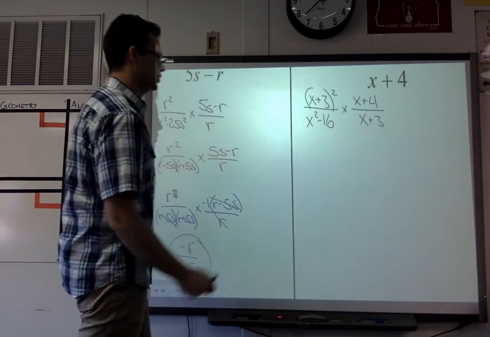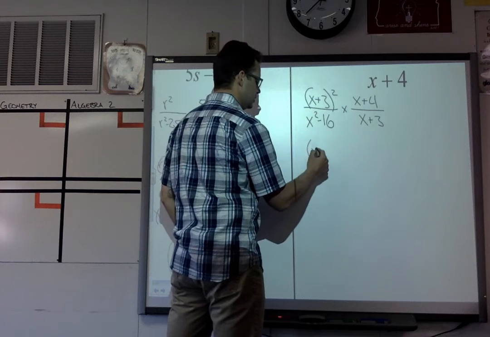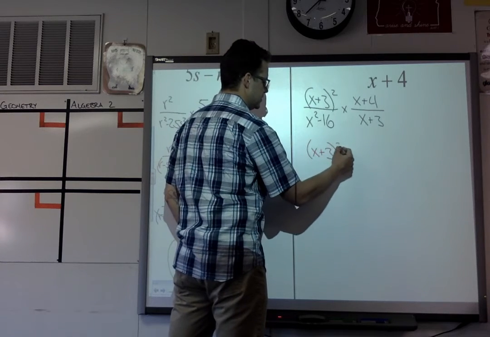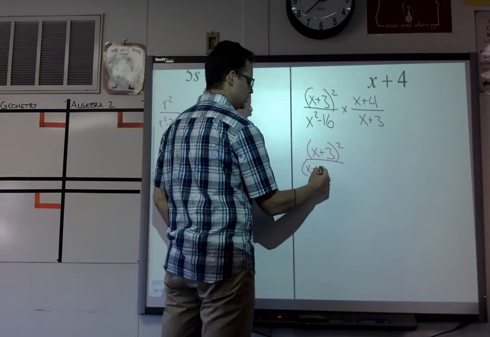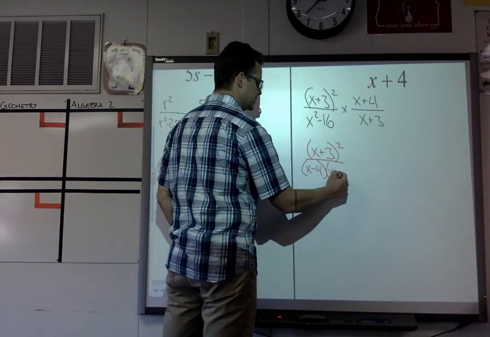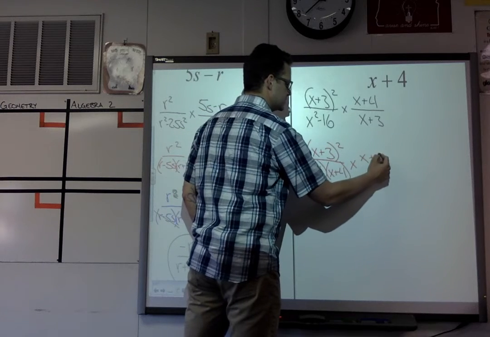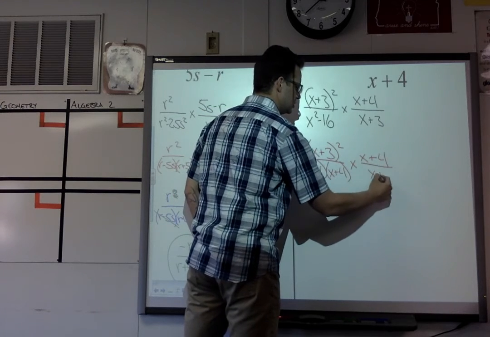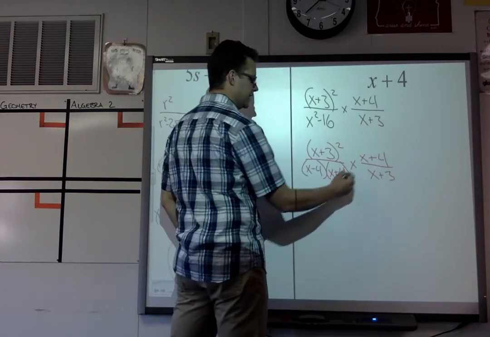Now we want to factor everything. So (x plus 3) squared over, we have a difference of two squares, (x minus 4) times (x plus 4), times (x plus 4) over (x plus 3). Now we can simplify.